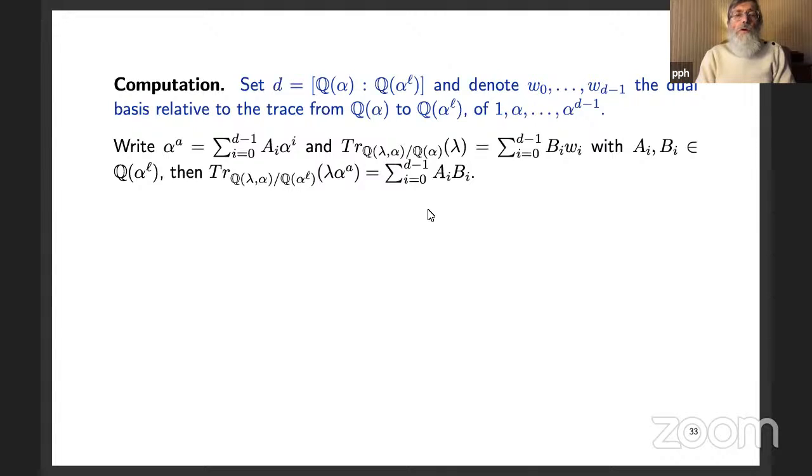So we call again D the degree of Q(alpha) over Q(alpha^L). So we assume we have given alpha and we have chosen L a divisor of H. And we denote by W_0, ..., W_{D-1} the dual basis of 1, alpha, ..., alpha^{D-1}, so the minimal basis, relative to the trace from Q(alpha) to Q(alpha^L).